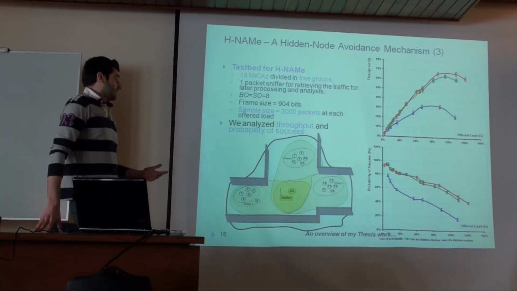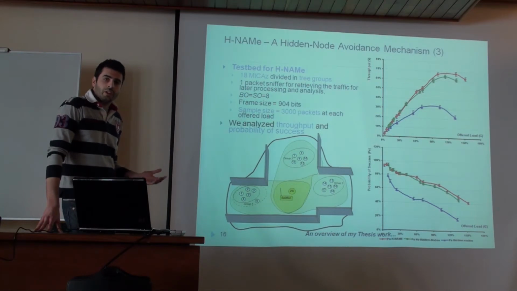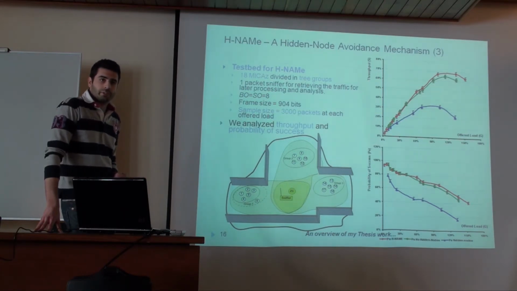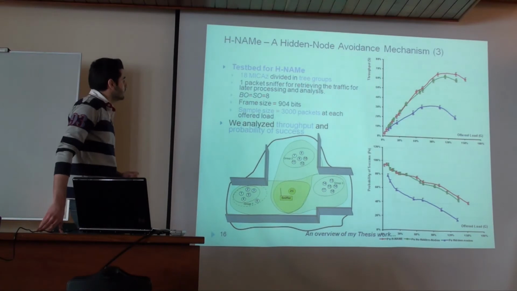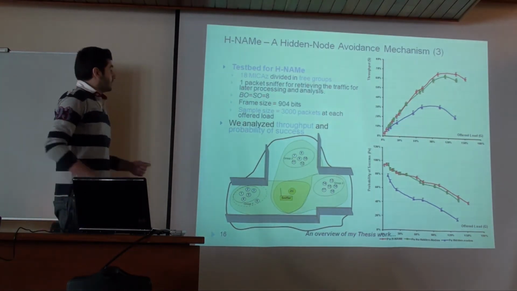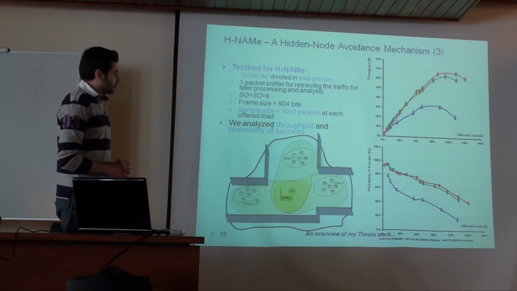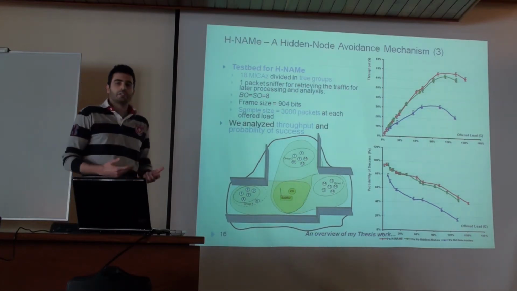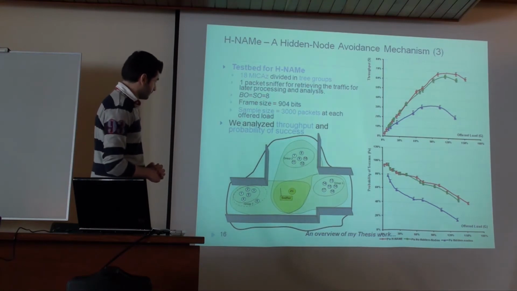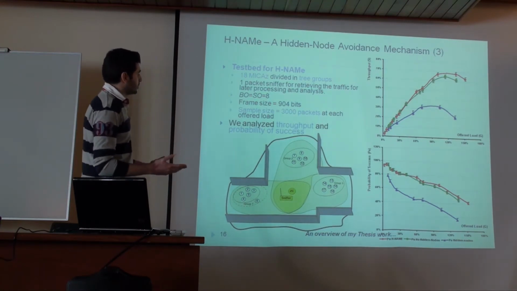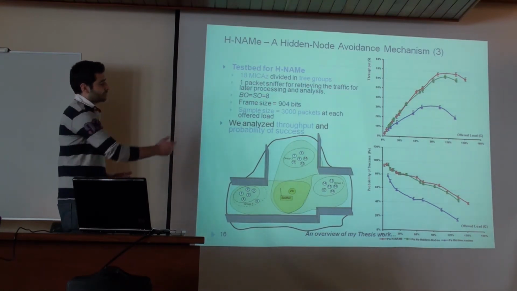So the testbed is similar to the one I presented before for the CSMA-CA performance evaluation. Again, the motes were programmed to transmit traffic at given interval times. We analyzed the throughput and the probability of success, and we came up with those results.